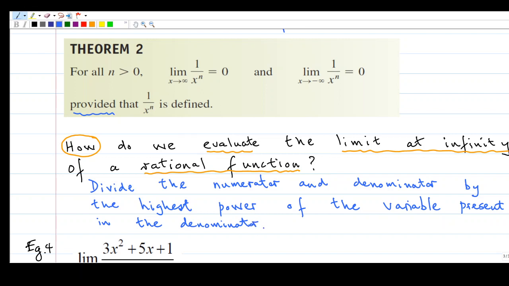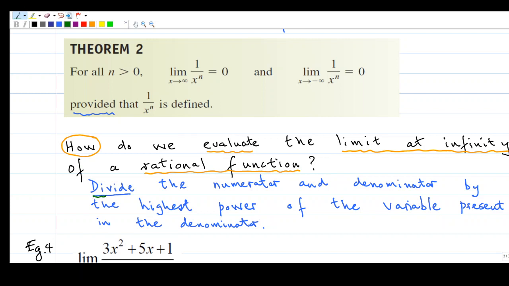Right, so let's go through this again. Divide. The question is, how do we evaluate the limit at infinity of a rational function? A rational function has a numerator and a denominator, both being polynomial functions.